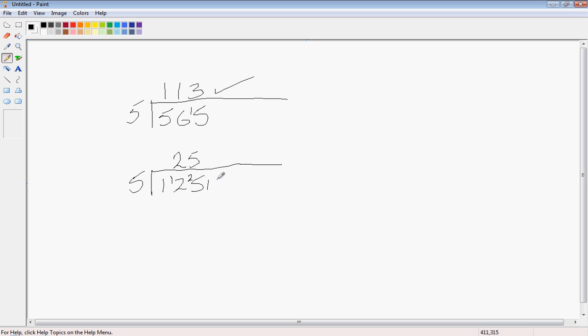So let's add a few more numbers. So we've gone 5's into 25 is 5.